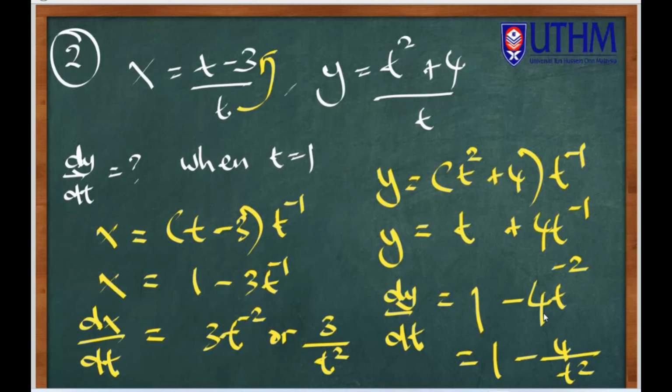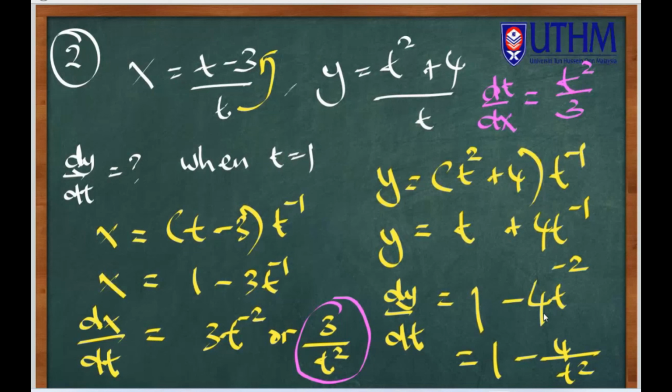Notice here, we already found dx/dt. So what is dt/dx? We will get t squared over 3.